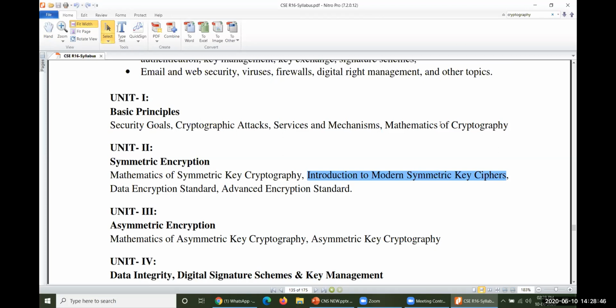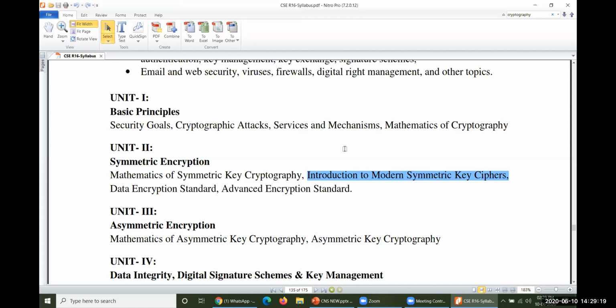But here we are supposed to give modern symmetric key ciphers, and here also a very small amount of mathematics could be included. How this could be included and what are the points to be remembered here?